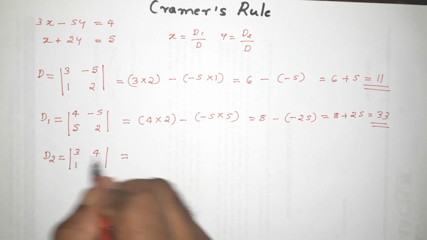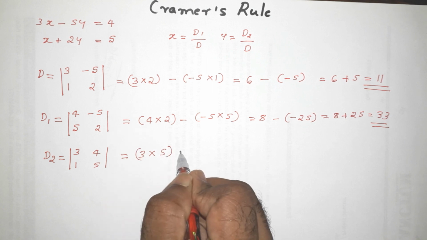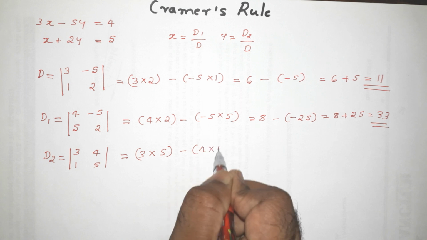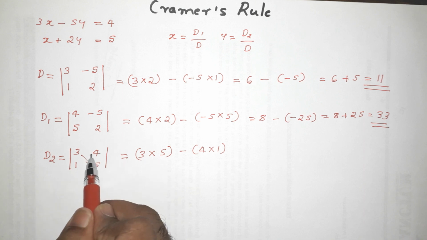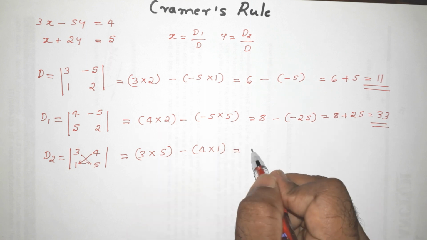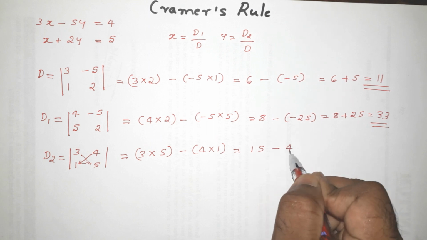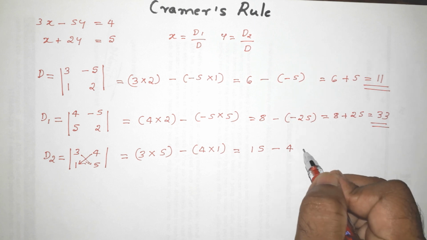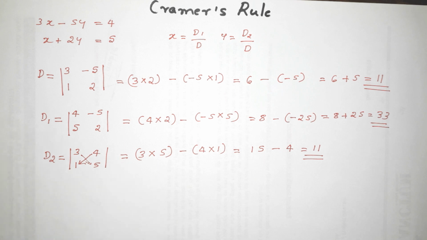Same method, cross multiplication. 3 into 5 minus 4 into 1. 3 into 5 is 15, minus 4 into 1, 4. So 15 minus 4 is equal to 11. That is delta 2.